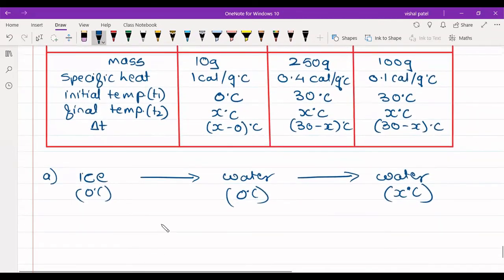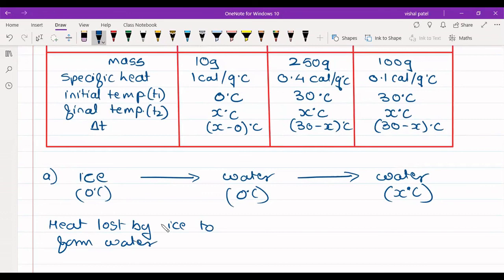Yes. Now see what I'm writing. Heat lost by ice to form water equals Q1 plus Q2. Here I'm writing Q1, here I'm writing Q2.